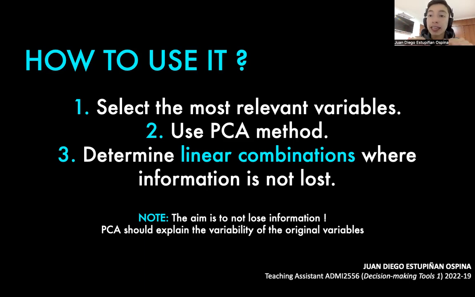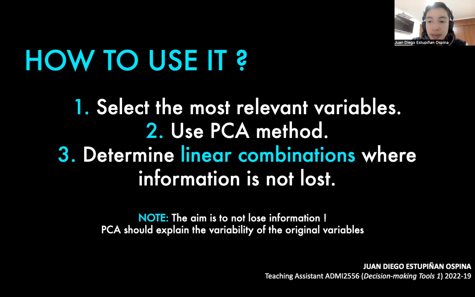It is important that you keep in mind that our principal objective is to not lose information from the original data. Therefore, the PCA must explain the same variability of the original variables, but using a smaller amount of variables.